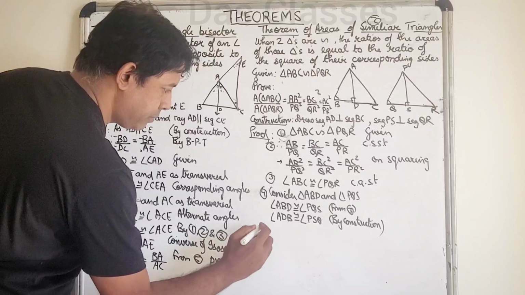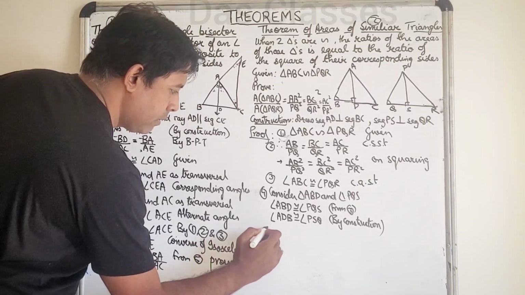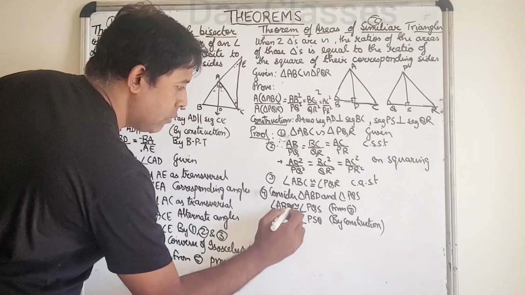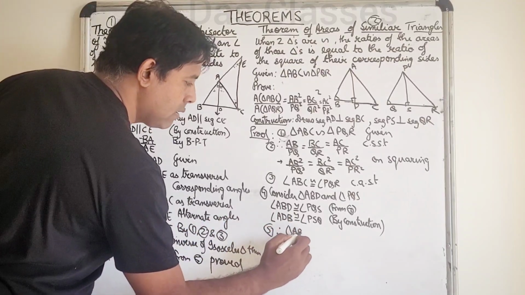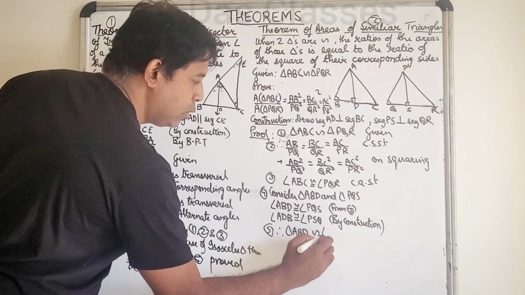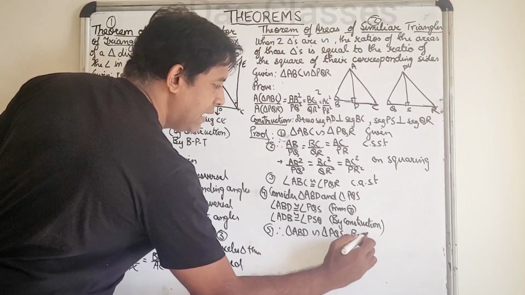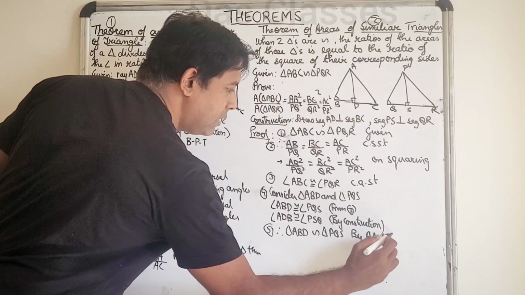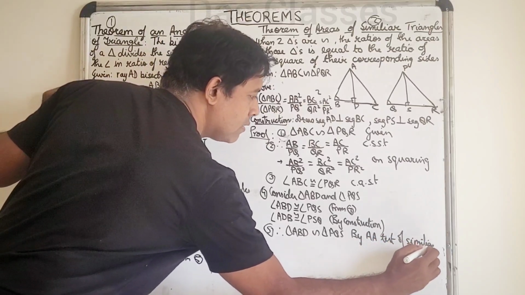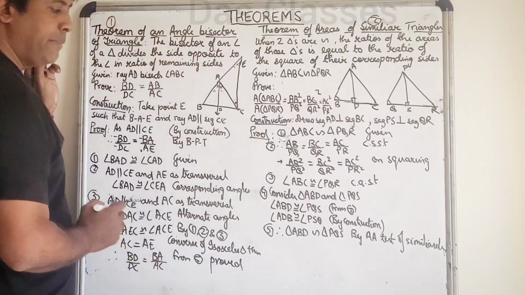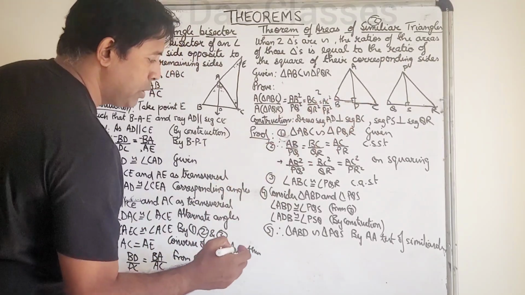Therefore, what can we say is triangle ABD is similar to triangle PQS by AA test of similarity. Because two angles are congruent, therefore those two triangles are similar.